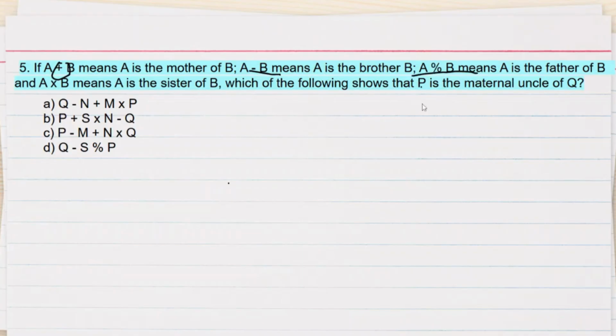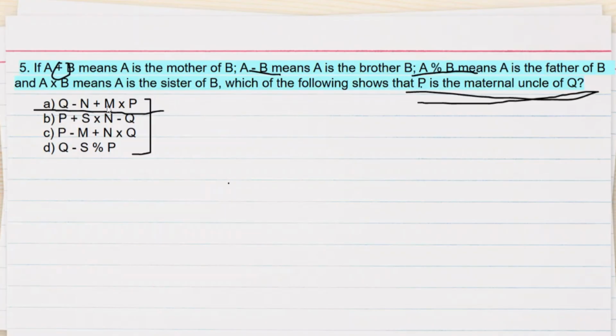And again, we will be asked one statement in the question, and we need to find out which of the options shows this particular relation which is being asked in the question. So we have to have one option correct. In order to solve these kinds of questions, we first of all go with the statement itself.